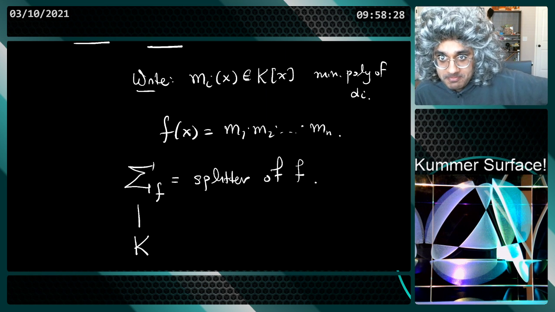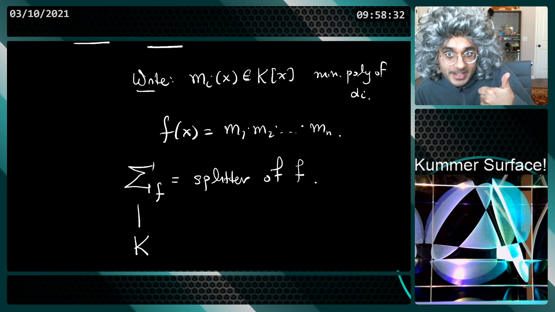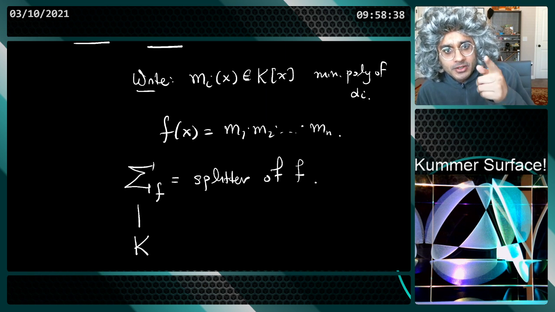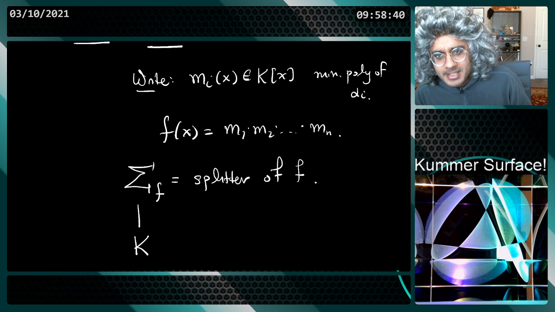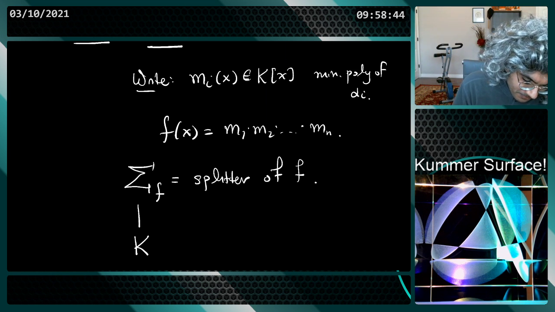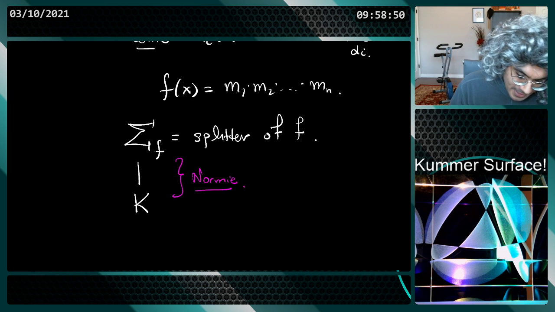They are normal. Exactly. First of all, of course, they're finite because, obviously, you're adjoining all the roots of this polynomial f. But there's finitely many. So there you go. They're normal. This is a normal extension. But hold on.